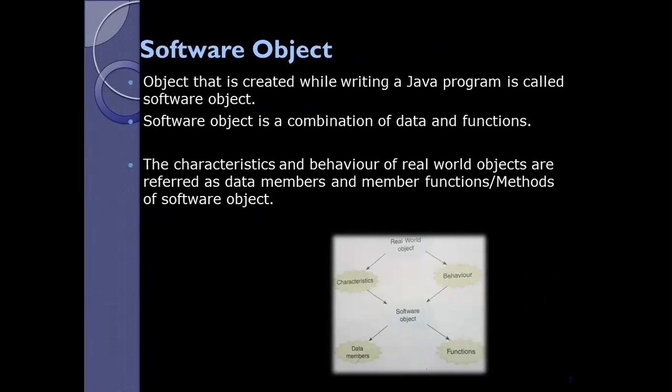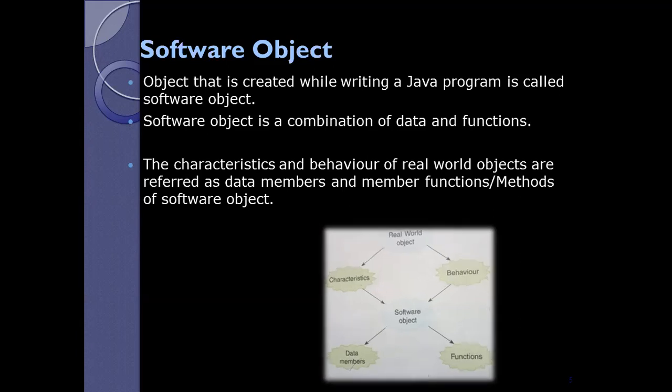Next, what is a software object? An object that is created while writing a Java program is called a software object. It is a combination of data and function. The last sentence tells the difference between the real world object and the software object. The characteristics and behavior of a real world object are referred to as data members and member functions or methods of a software object.